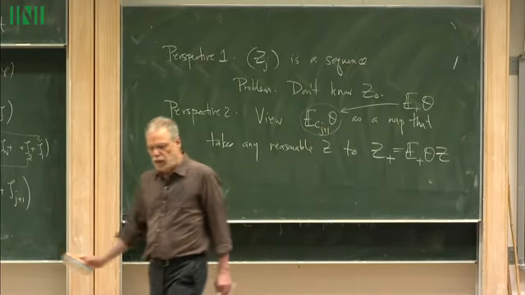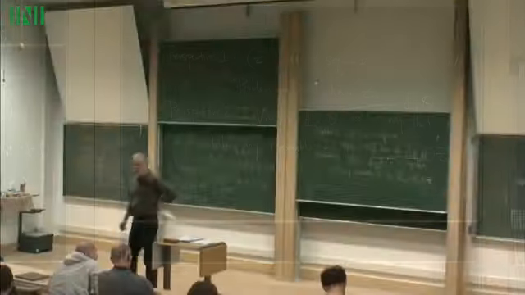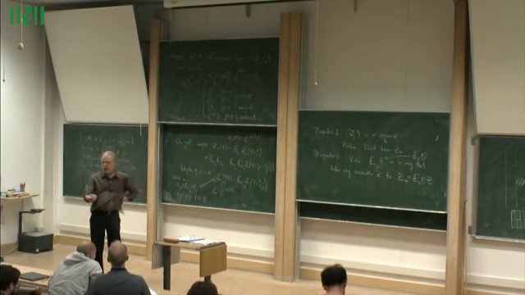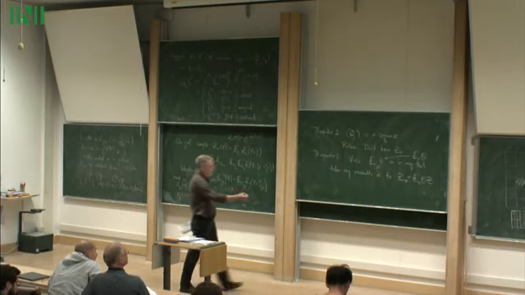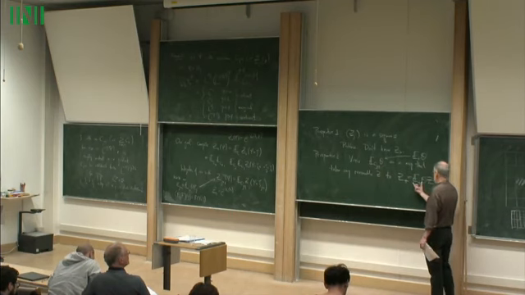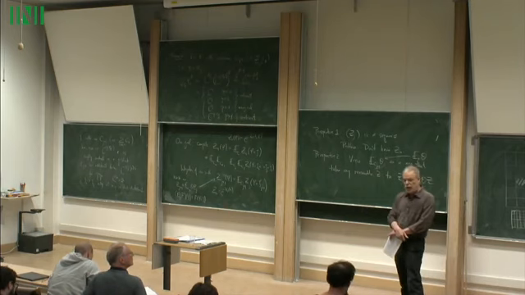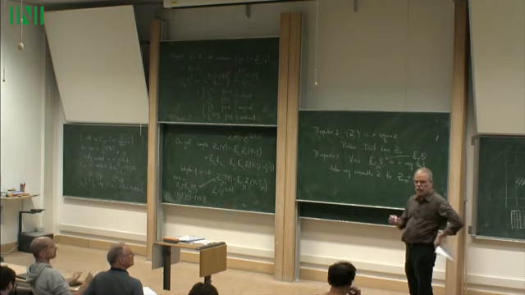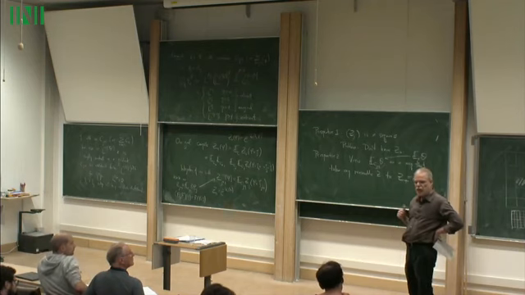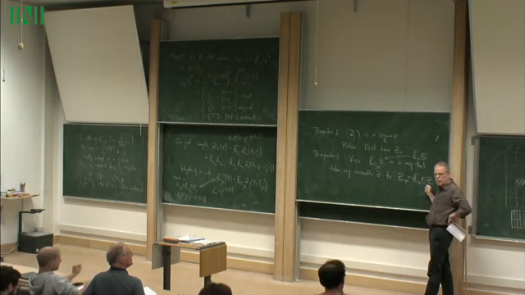Now, a global trajectory would be one where you start with a specific Z naught and you're actually able to take E1 theta Z naught to get Z1, then compute Z2 from that, and so on. And that global trajectory is only going to exist in practice if Z naught is chosen to be critical in the first place.